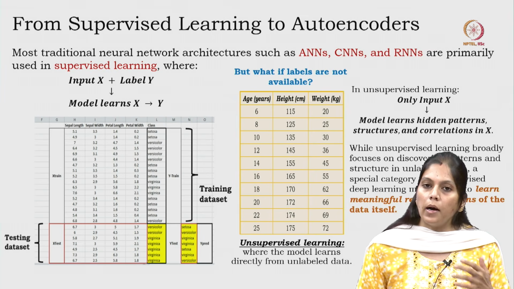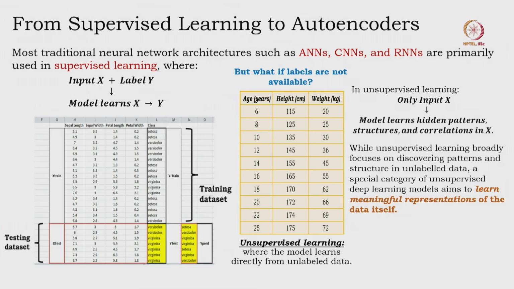So while unsupervised learning broadly focuses on discovering the patterns or the structure in unlabeled data, there is a special category of unsupervised learning models. And this special category primarily aims to learn the meaningful representation of the data. Now, what is this meaningful representation? You will learn shortly. So, for now, just understand, we require a meaningful representation of the data.